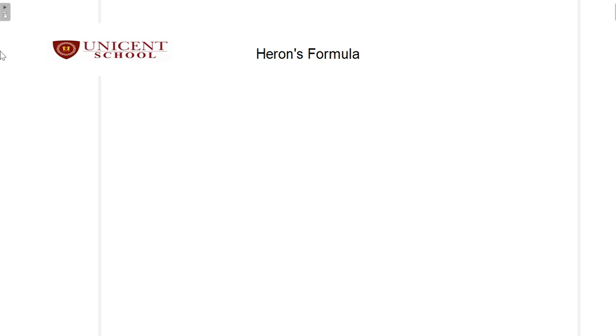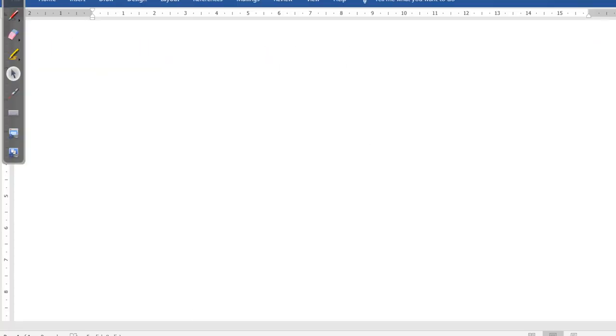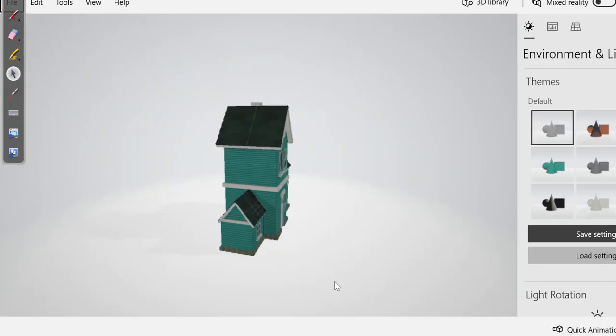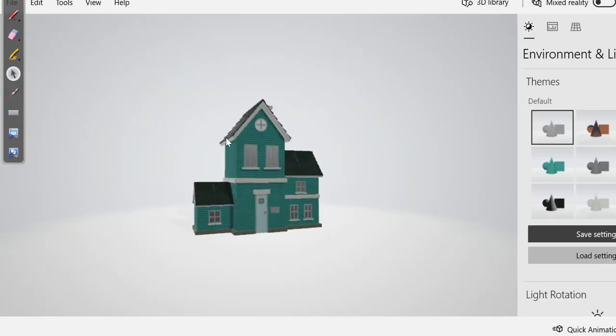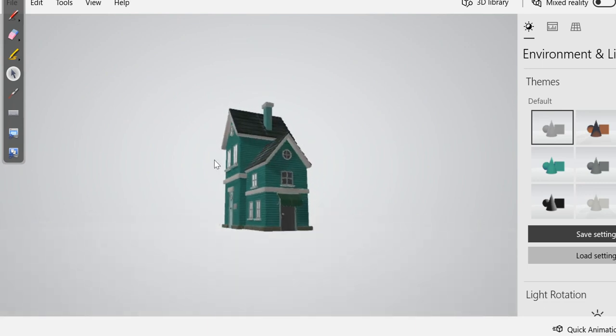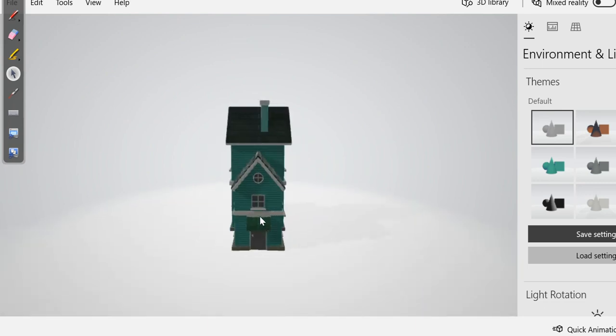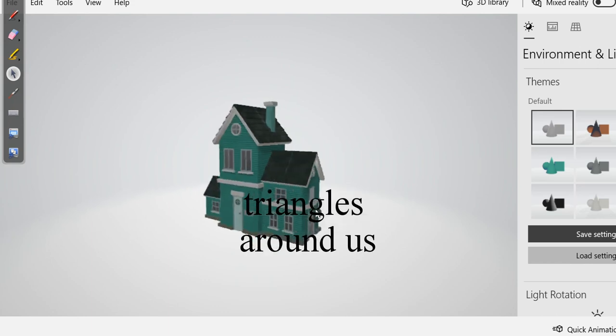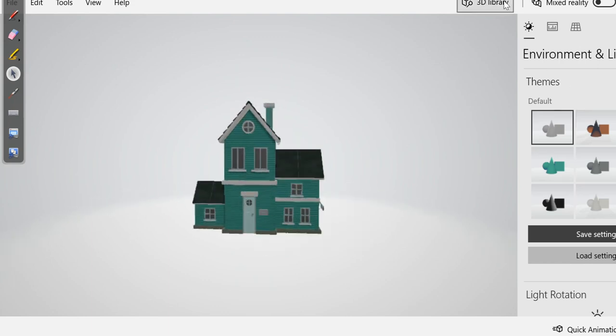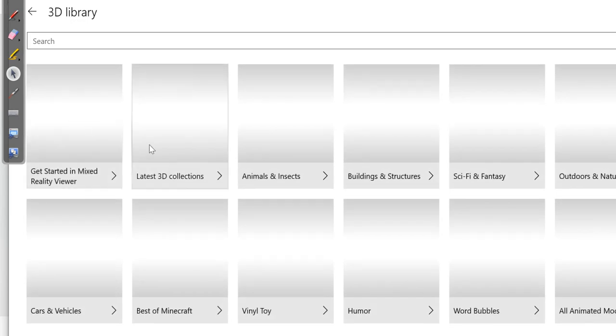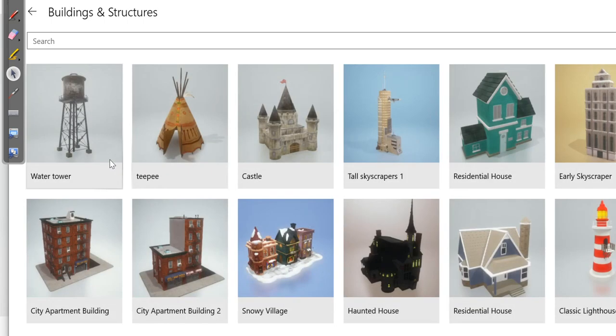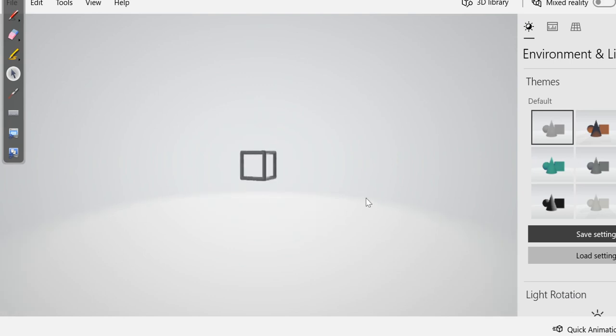Before that, let us look at triangle applications in our daily life. Triangular structures are seen in our surroundings, in houses, in bridges.